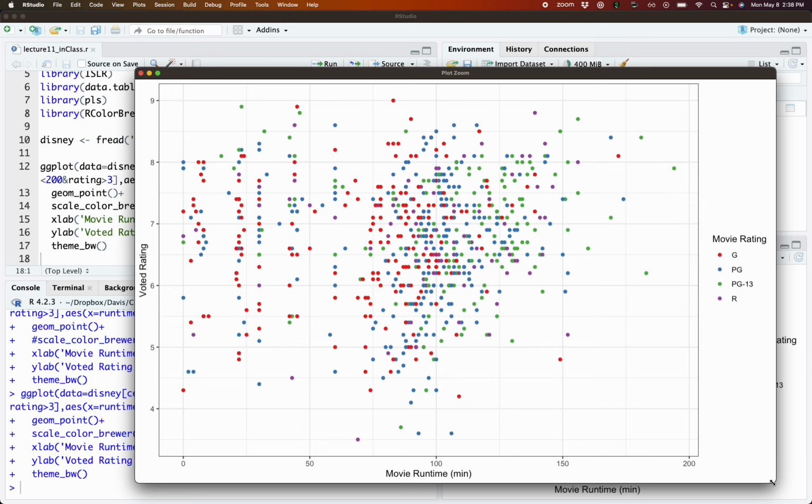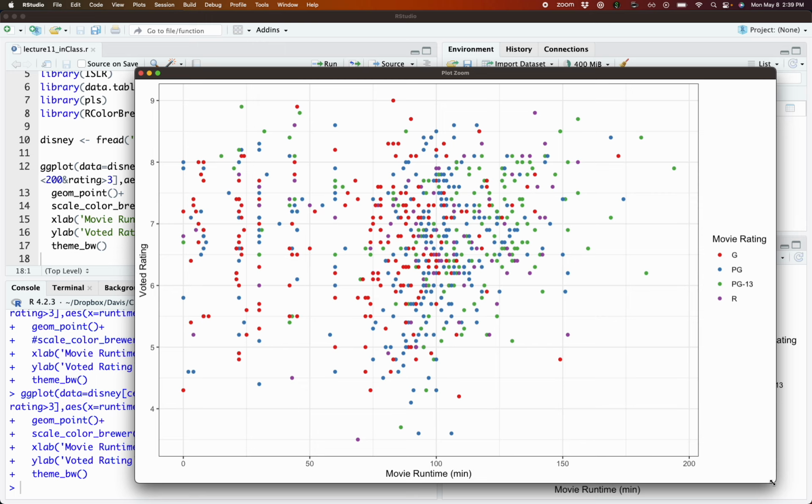So the general idea here is whether or not there is some kind of correlation between our runtime and voted ratings that can help to separate these points out, right? Maybe a little bit harder to say, but maybe a little bit more red dots here on lower run times.